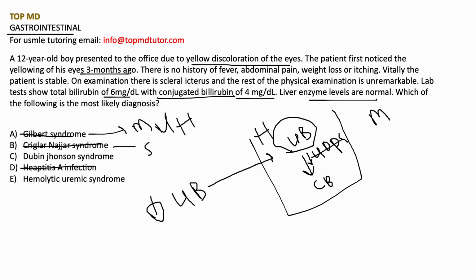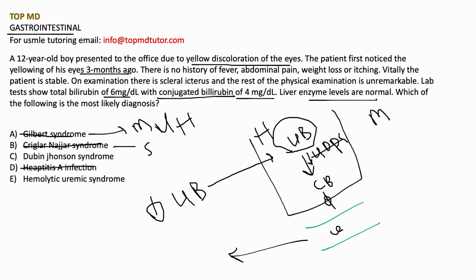Then Dubin-Johnson. So this conjugated bilirubin is then transported out of the hepatocyte into the bile. So this is the bile duct. Now, once this is in the bile duct, it is obviously excreted out at the level of the duodenum.